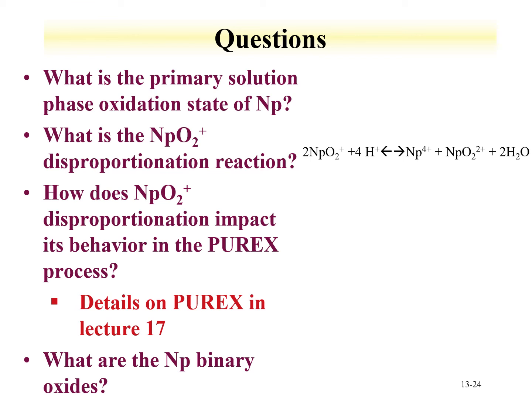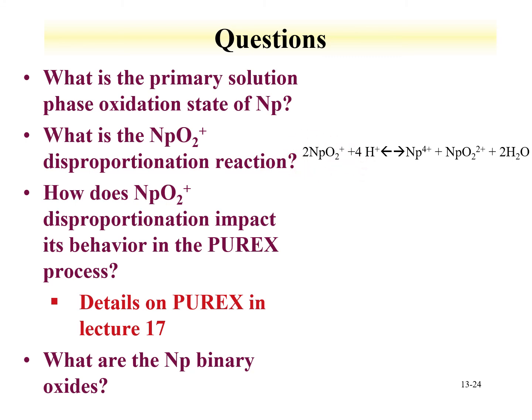How does this Neptunium disproportionation reaction impact the Purex process? We introduced the Purex process in this lecture. We'll have some details on this process in lecture 17. But the process is used to remove uranium and Neptunium from spent fuel. Neptunium-5 does not extract in the Purex process.